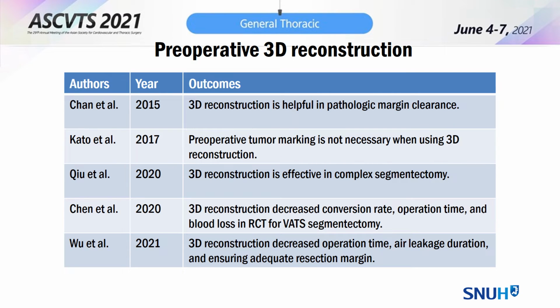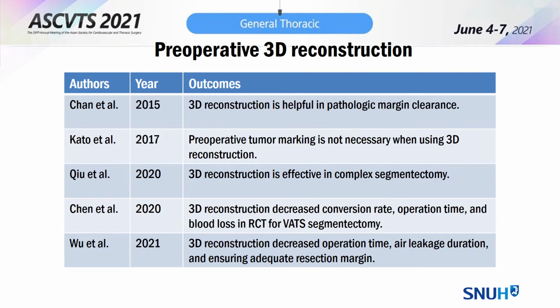The preoperative 3D reconstruction has been reported in many papers. In 2015, Chan and colleagues reported that 3D reconstruction is helpful in pathologic margin clearance. They compared the radiologic location and pathology location, and they found a very high correlation rate between them.